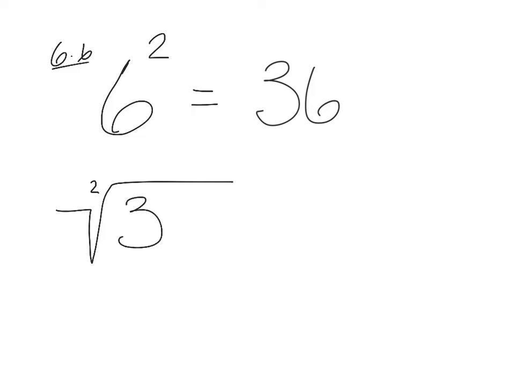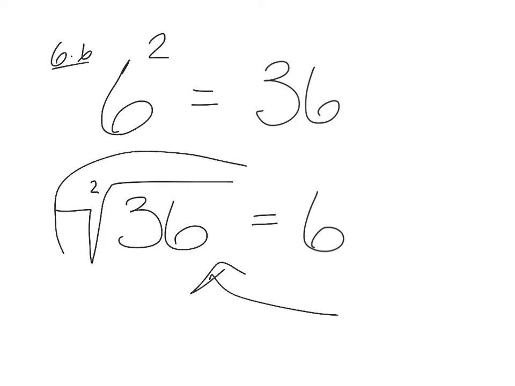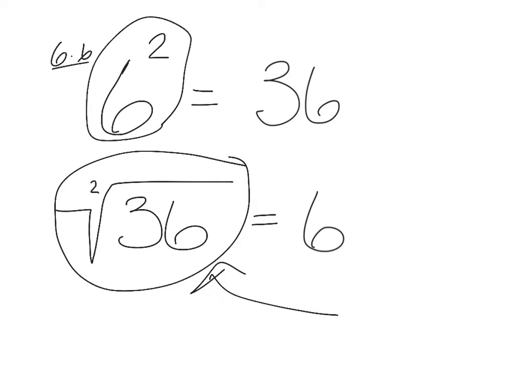The square root of 36 is 6. So a radical is kind of like the inverse or the opposite of taking the square of something, of powers. Okay, so that's what we're going to be looking at and how to simplify them.